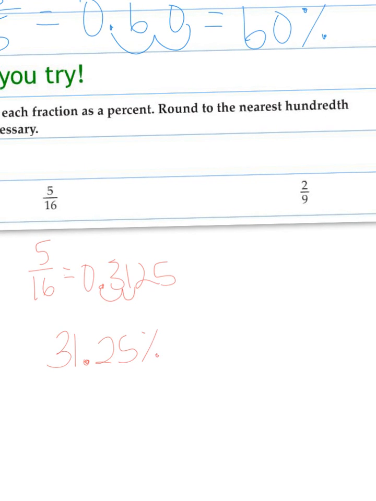Okay, 2/9 is equal to 0.222, and it keeps going, repeated. Okay, now to turn this into a percent, move your decimal 2 to the right. So, again, round to the nearest hundredth, 22.22%.